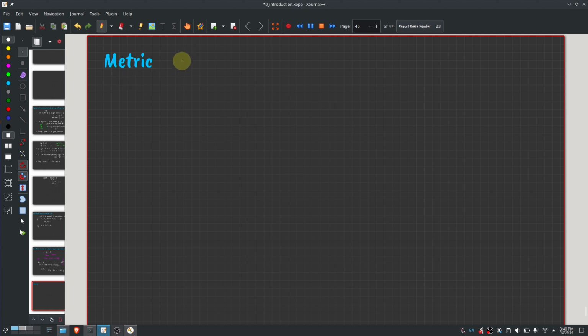So what is a metric? Suppose we are given some space, let's call it A. More often than not, we'll be looking at vector spaces, and we'll be trying to define metrics over these vector spaces. So a metric on A is basically going to be a function.